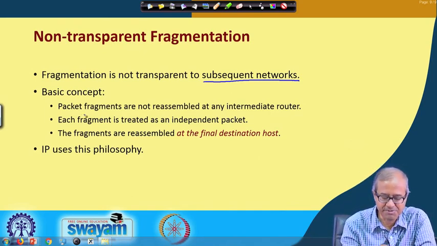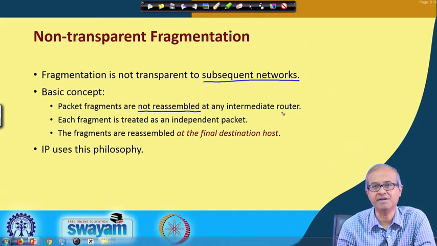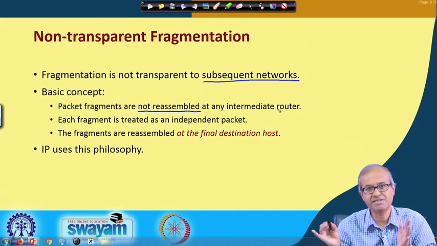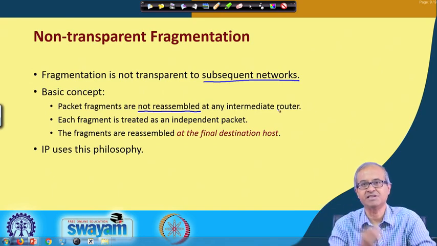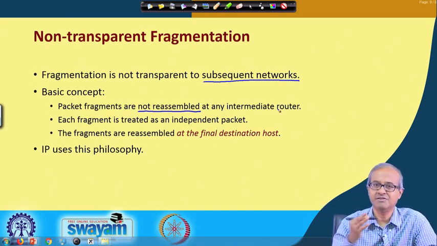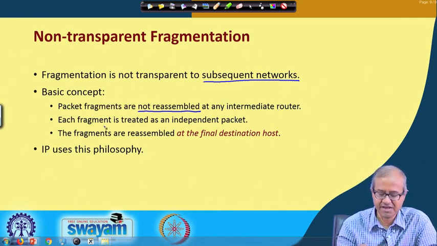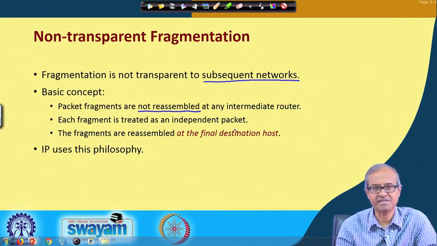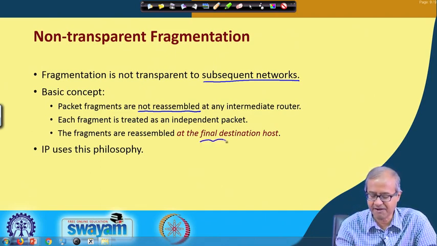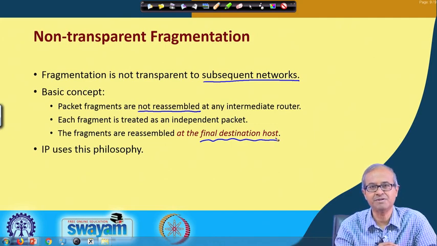The basic concept is that the fragments are not reassembled at any of the intermediate routers. Fragments are created and allowed to flow to the destination through the intermediate networks or routers wherever they are. Each fragment is treated as an independent packet, as I said, and the responsibility of reassembling the fragments lies with the final destination host.